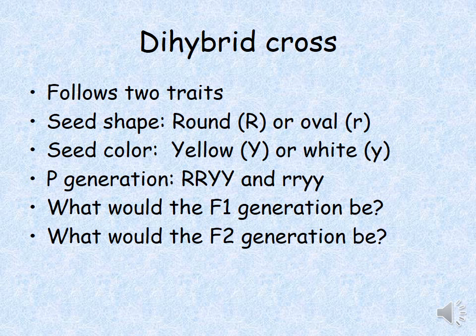So P generation, big R, big Y, big Y. The homozygous recessive is going to be little r, little y, little y. Why are the parents like this? Because they're purebred. The F1 generation is when you cross this parent and this parent. You will get the F1 generation. How do you get the F2 generation? You will cross two of these to get the F2 generation.